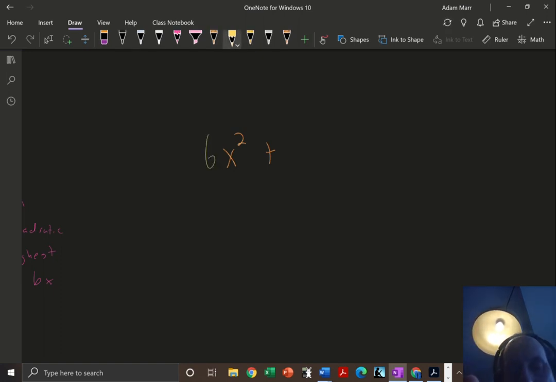So let's do 6x squared plus 60 is going to equal, let's see here, say 120. Okay, so 6x squared plus 60 equals 120.